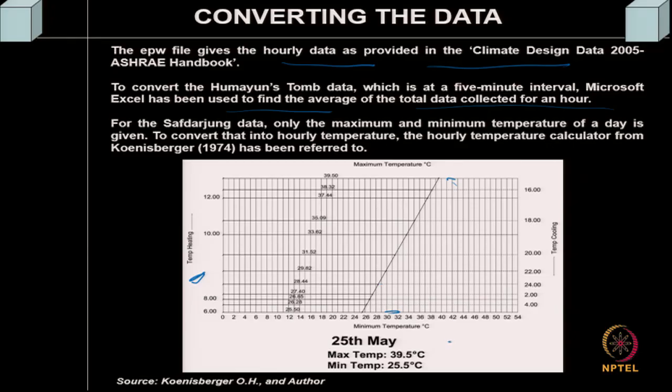It is T max minus T mean multiplied by sin theta, where theta is basically t multiplied by pi by 12, because 2 pi corresponds to 24 hours, a full cycle.